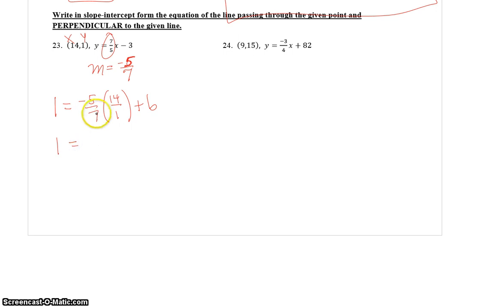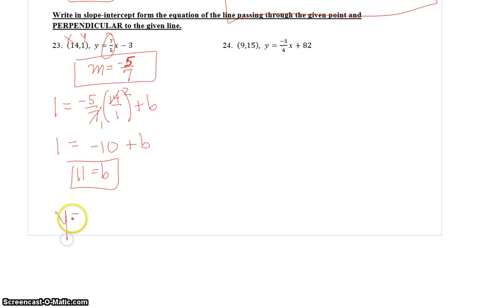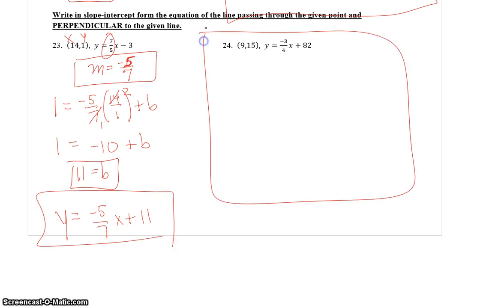So 1 equals, I'm going to reduce this to -10 here after I multiply, plus b. If I add 10 to both sides, I get b equals 11. So again, we have a slope and a y-intercept. y equals -5/7x plus 11. Please try number 24 for tomorrow.